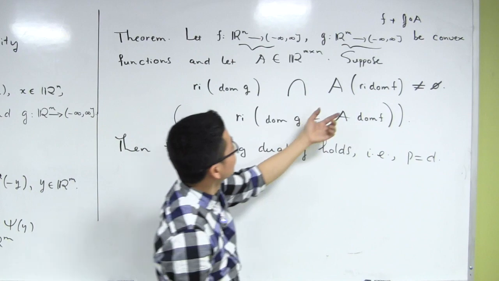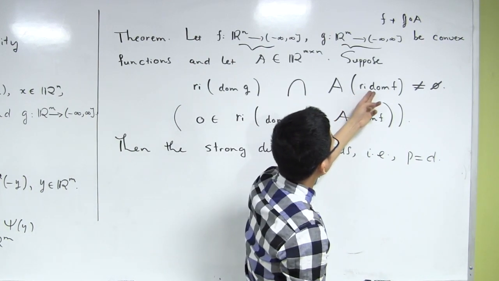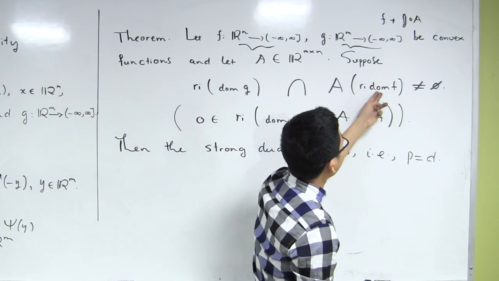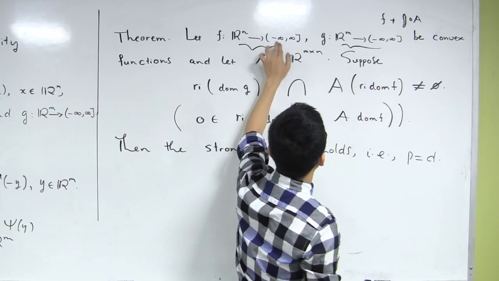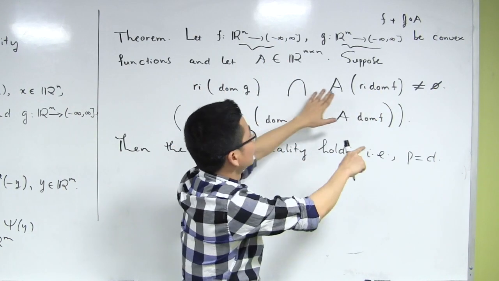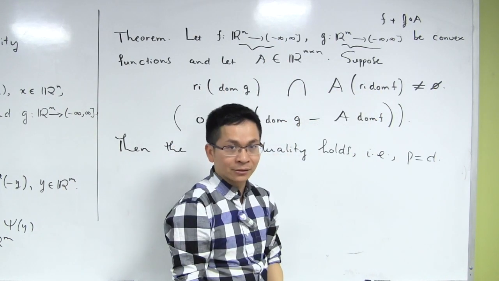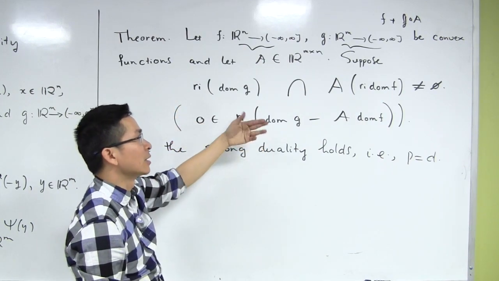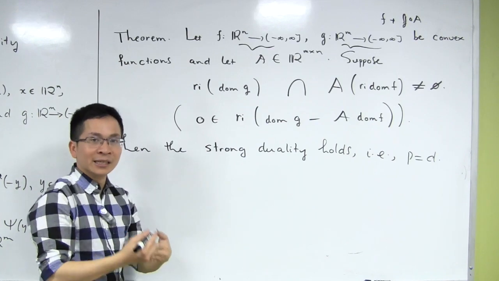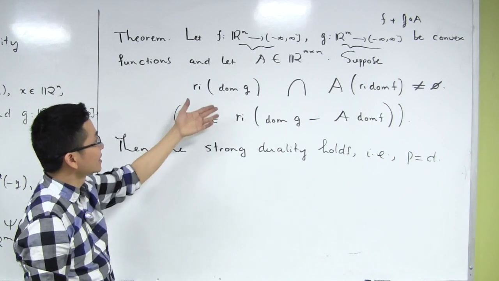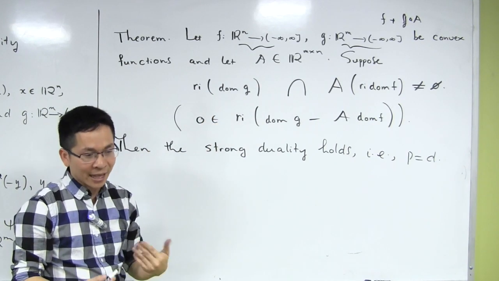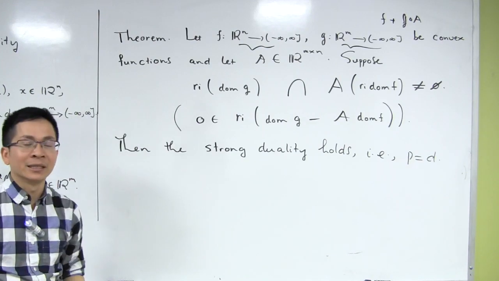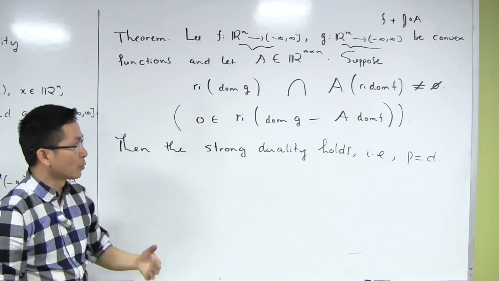And similarly, the relative interior of the domain of the function f is the whole Rn, and therefore this condition is always satisfied. However, it is very useful to use extended real valued functions, as we're going to see in our examples afterwards.